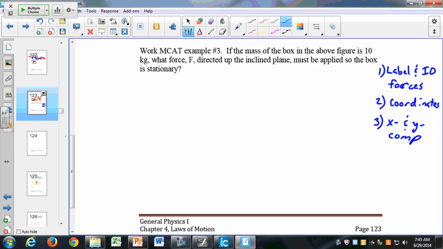In the course of that, you'll need to identify the appropriate angles for finding the x and y components. And then the fourth thing is applying Newton's second law. And you'll do that on all axes. Once you apply Newton's second law, you'll just get a system of equations, and then from there, it's just, what am I looking for, and what do I know? And so it's solving that system of equations.